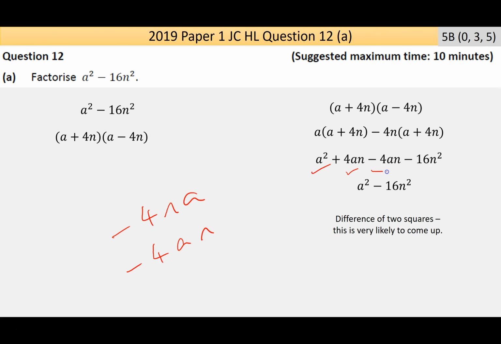So when you've written it in that form, it's more obvious that these two terms are going to cancel. And to finish off the multiplication, minus by plus is minus, 4 by 4 is 16, n by n is n squared. So if I cancel out these two terms, I'm left with a squared take away 16n squared. So I did get back to my original answer. Okay, so that's part A.